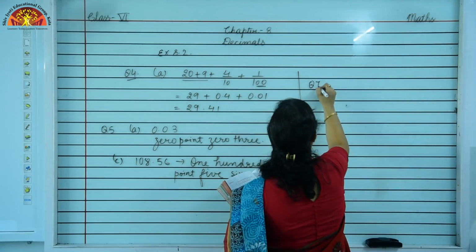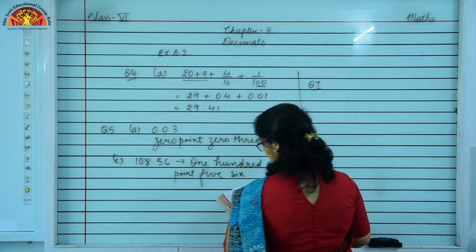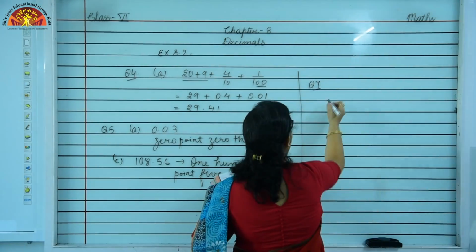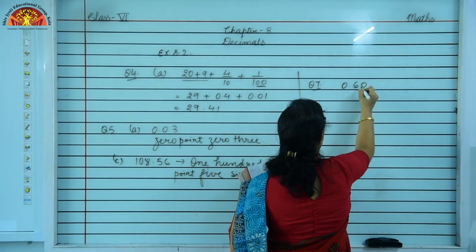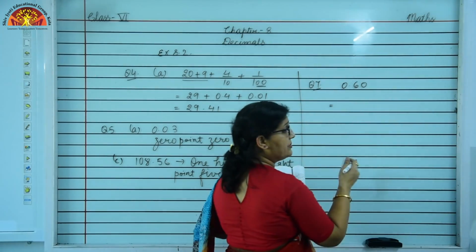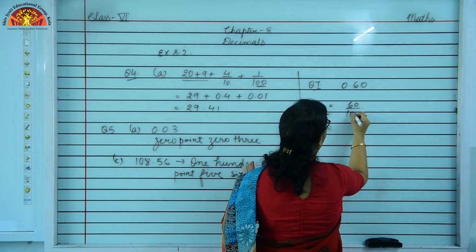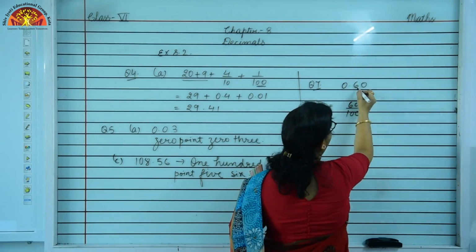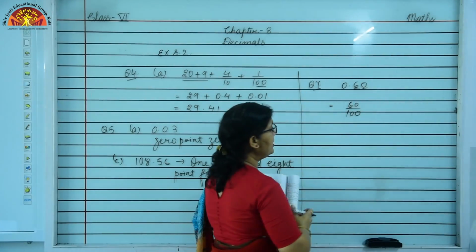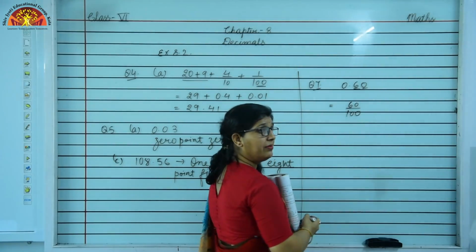Question number 7. 0.60. Now how we convert into decimal fraction? This is 60 upon 100 because we have 2 digits after decimal. So we put 100 in decimal.